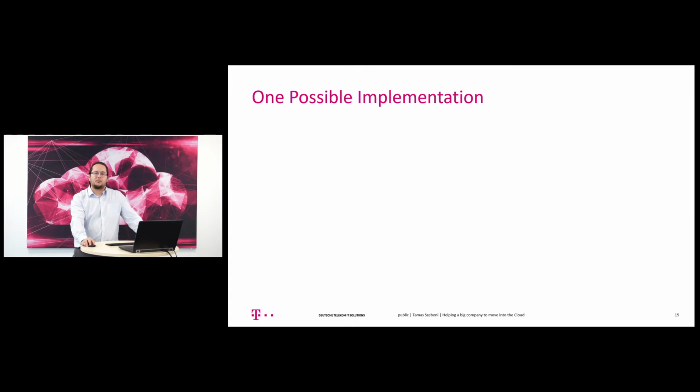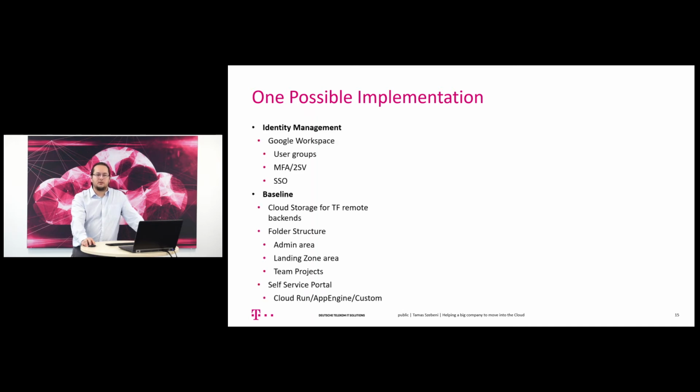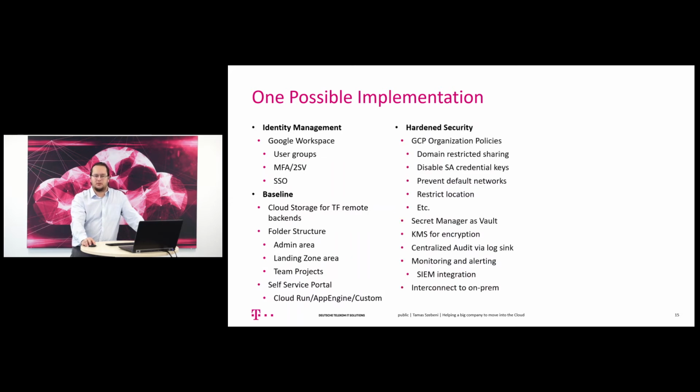And finally, to provide the technical background for Cloud Foundation, let me talk about them very briefly. The identity management usually involves Cloud Identity or Google Workspace, where we can require two-step verification, configure SSO, and manage teams as user groups. The baseline or the bootstrap within Foundation enables the landing zone in a secure and fully automated way.